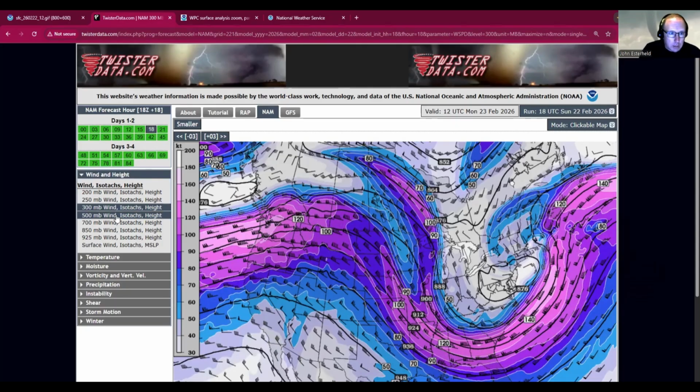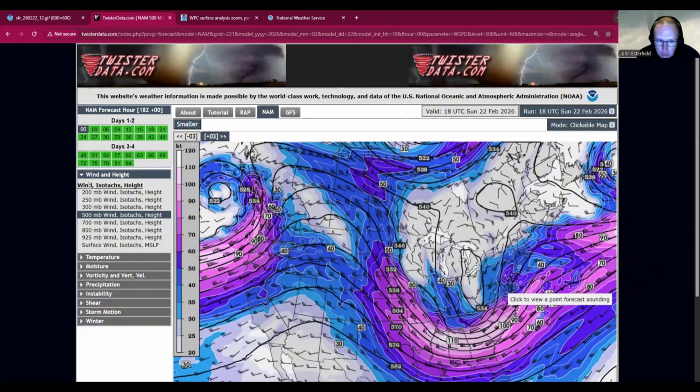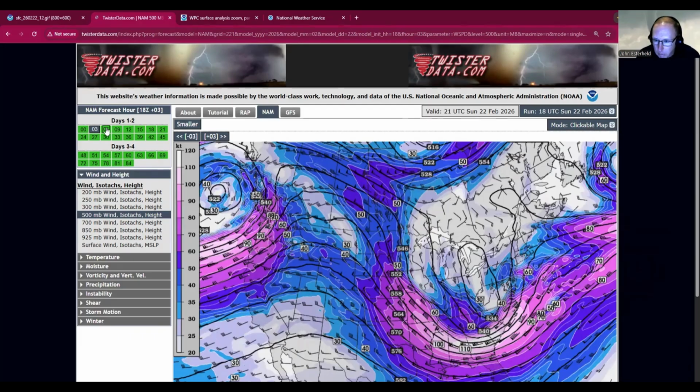Okay, so now we're going to go down to 500. You can see here the 500 millibar flow coming in. Really strong flow. This is associated with a vorticity maxima. And we'll just step through. You can see how strong it is right here and then weakening up in this region compared to what it is down here.